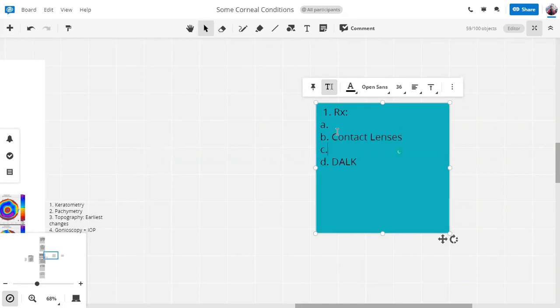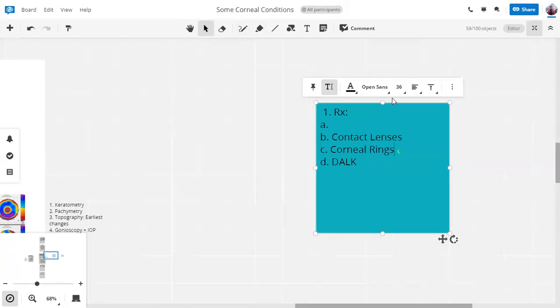और हम क्या कर सकते हैं? Rings. Corneal rings. Corneal rings क्या होते हैं आपको?